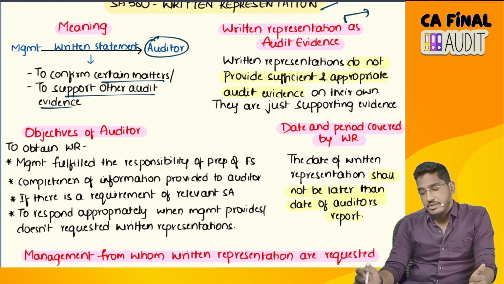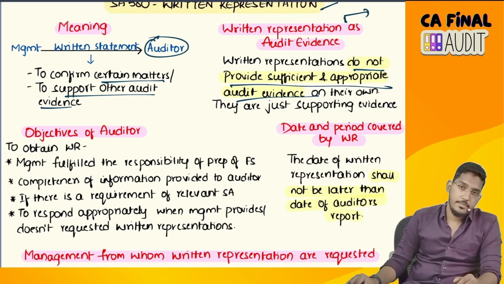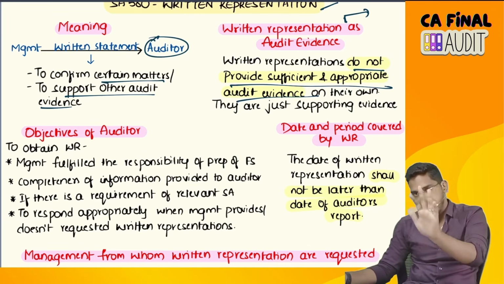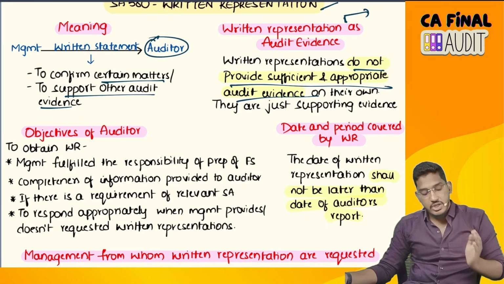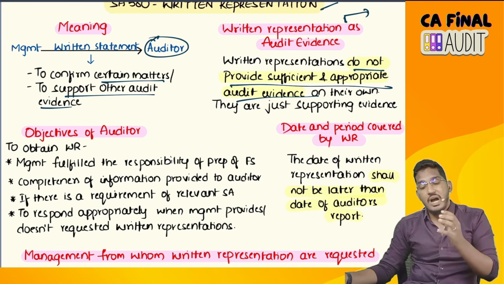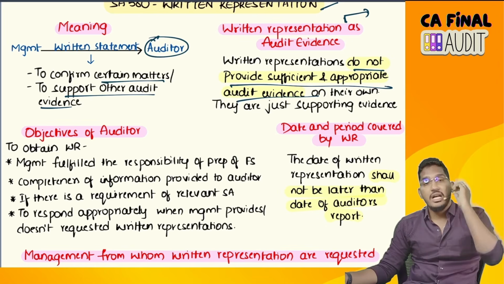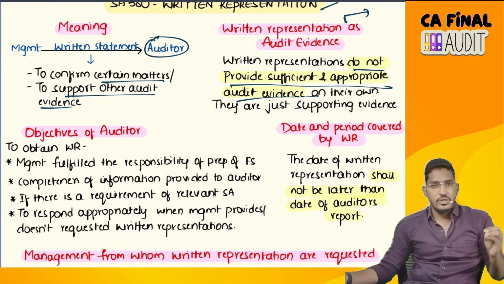Yes, that is audit evidence, but the problem is it is only supporting audit evidence. It does not provide sufficient and appropriate audit evidence on its own. So if you get the written confirmation from the management, yes, to some extent it is evidence, but it is in the nature of supporting evidence only. Written representations cannot provide evidence on their own. That means you can't rely completely only on written representation for the purpose of evidence. It is just supporting evidence, not evidence on its own.